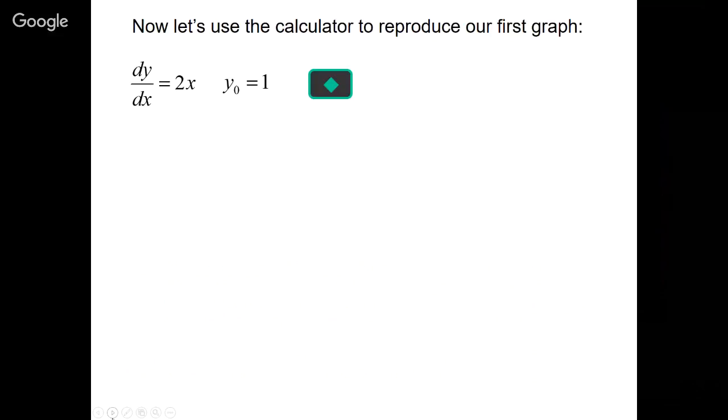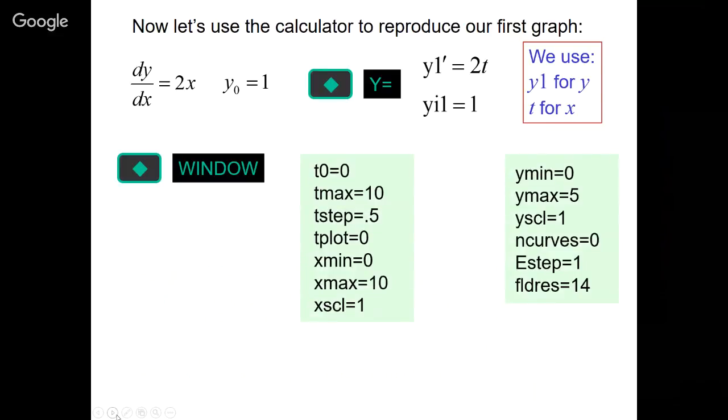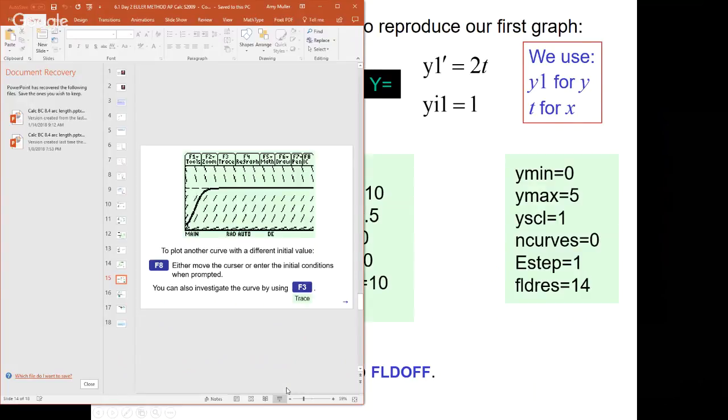We have to go to diamond y equals, and let's change that. And we're going to change the window because we know all about that curve and what it looks like. And then we're going to do the such that bar so that we don't see the slope fields, okay? So getting out of this, we're going to see the calculator here.